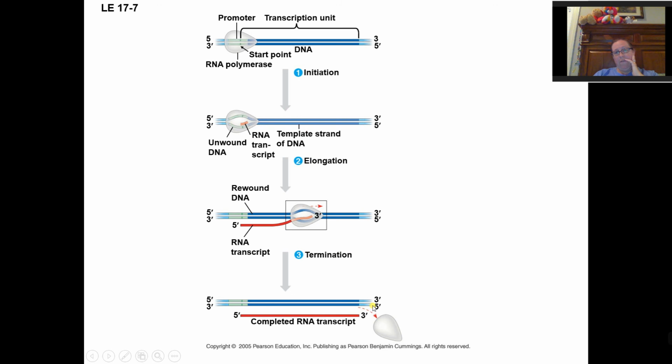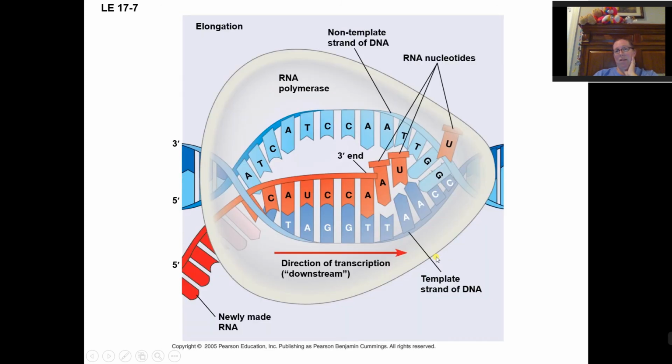So it's 5', 3', but when the completed RNA transcript is reversed, this has to be the template strand. And then your RNA polymerase is done, so it just falls off and gets ready to do it again. Now this RNA transcript is ready to be processed, if you will.